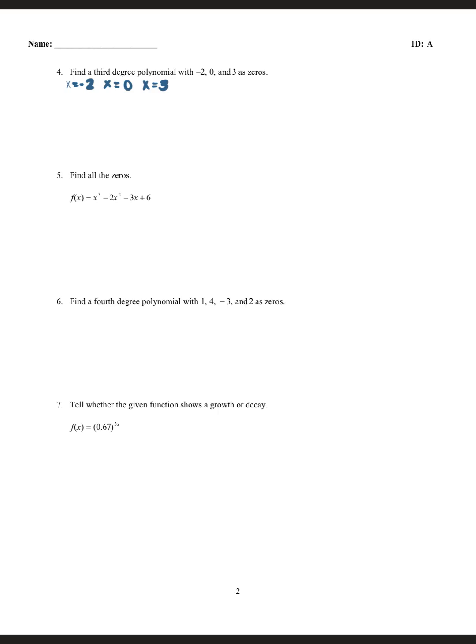So you're going to move these over, adding your 2 over. So x plus 2 is equal to 0. You're going to have an x also, and then you're going to subtract your 3 over. So you have x minus 3 is equal to 0 as well.